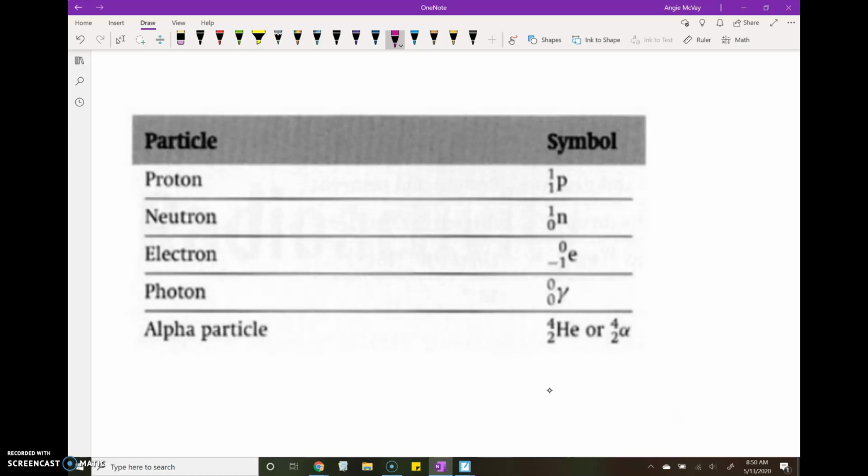A neutron is 1 nucleon, no protons. An electron is not a nucleon at all. And this is a little bit hairy, but we give it a -1 because it has the charge of a proton, but it's negative. Okay, so that's how we represent an electron.